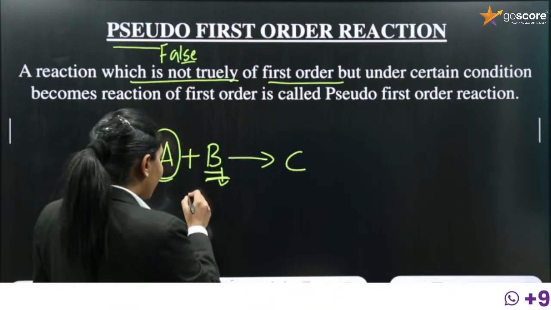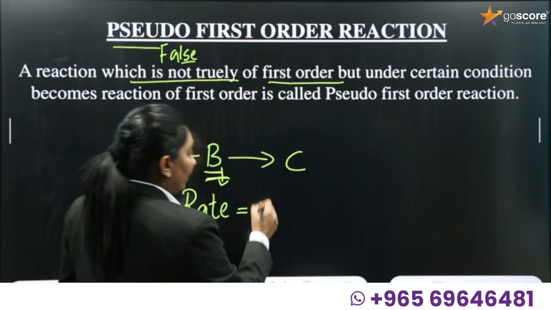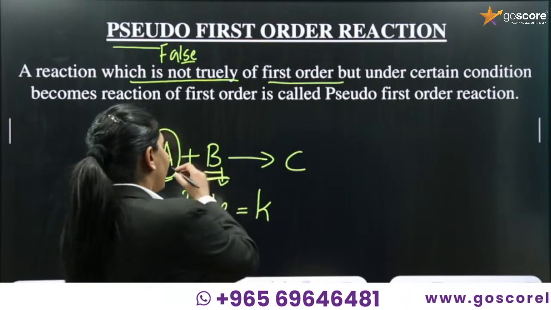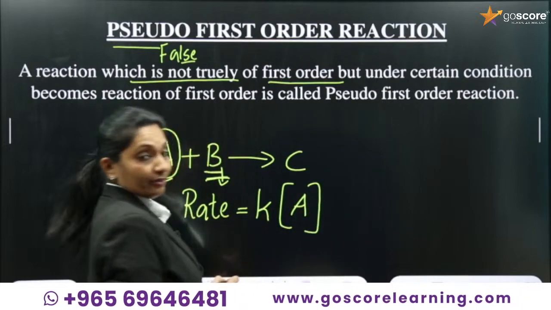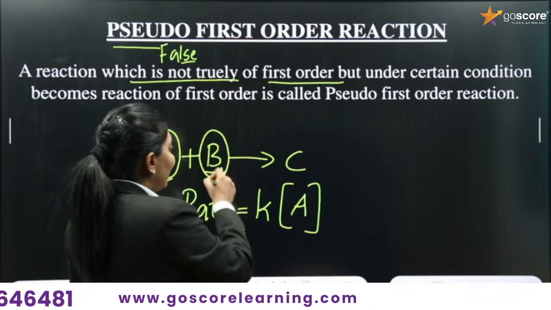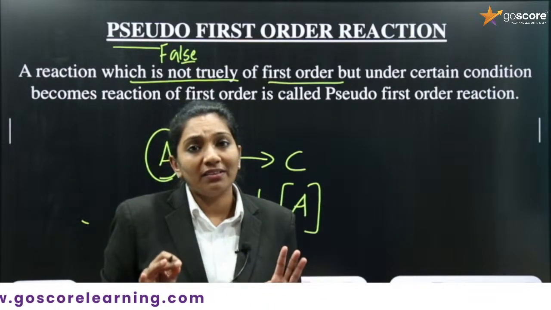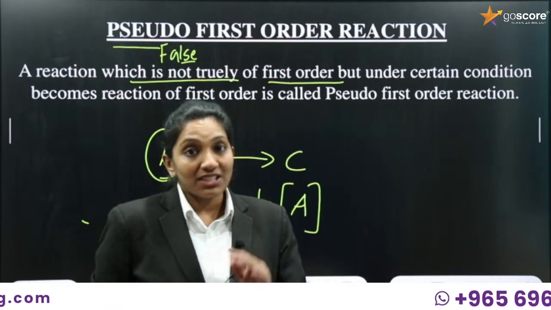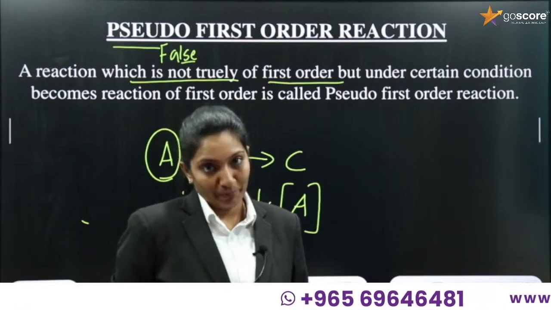So when we write the rate law for this reaction, that is rate is equal to rate constant k into the concentration of reactant, here we will take into consideration only the concentration of A. Why are we not taking the concentration of B? Because it is present in excess quantity and there will be only a negligible change in the concentration of B. That's why we are not taking the concentration of B into consideration.